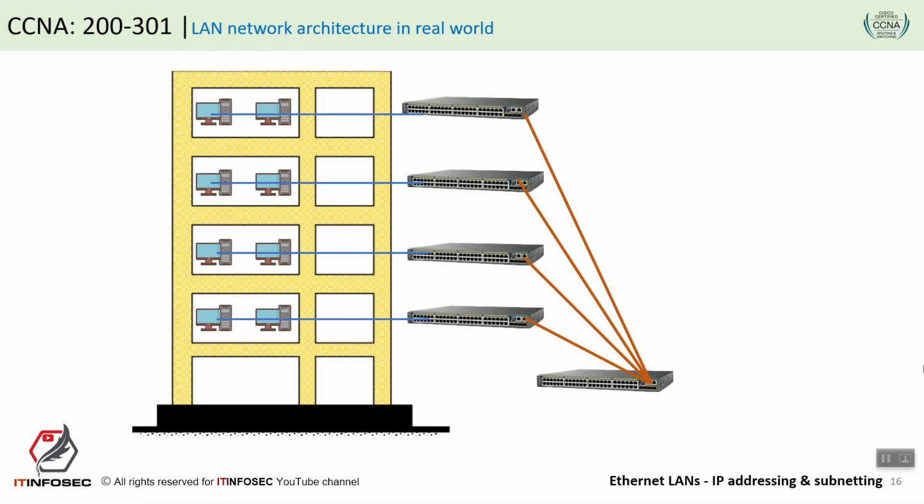But how do they set up networks in reality? Imagine we have a 4-story building with a switch on each floor, and the computers on that floor are connected to that switch. Then we can connect the switch of each floor to a main switch to communicate with each other.